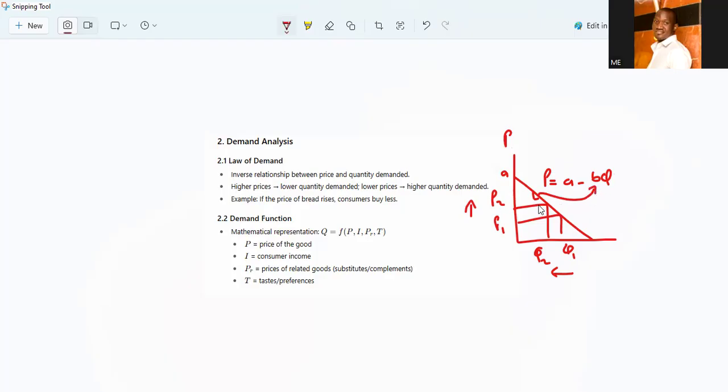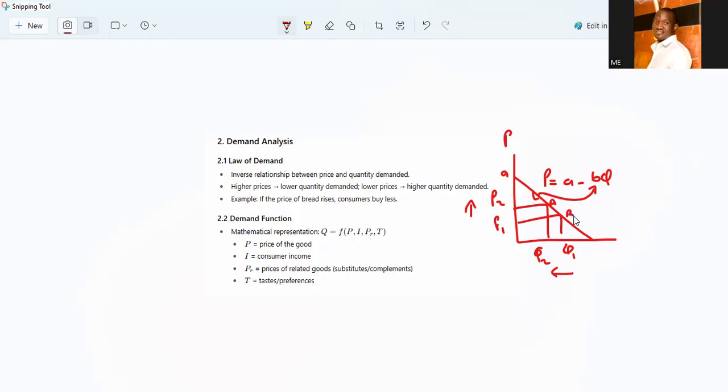So the movement of prices from A to B is a movement along the demand curve. Okay. So the movement from here to here is along. So from point A to point B, this is a movement along.